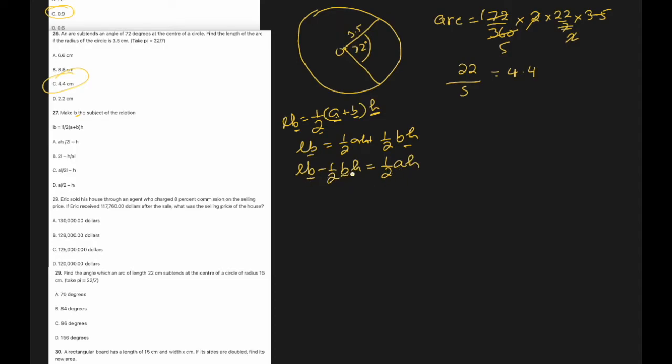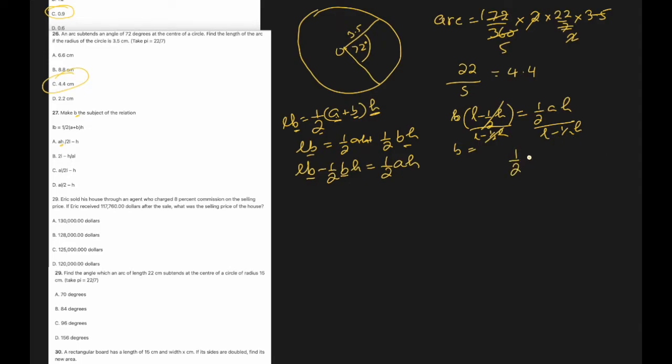Now B can be taken common from both. B times (L minus half H) equals half AH. Now divide both sides by L minus half H, so that this part cancels out and we are left with B equals half AH over (L minus half H). Let's simplify this.